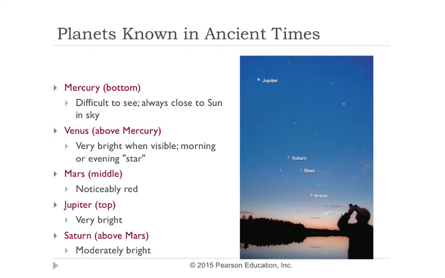The objects or the planets that we could see with our naked eye in ancient times were Mercury, Venus, Mars, Jupiter, and Saturn. Those five, along with the sun and the moon, create the 7 days of the week. The planets move fairly quickly compared to other objects in the night sky, and so they were very noticeable.